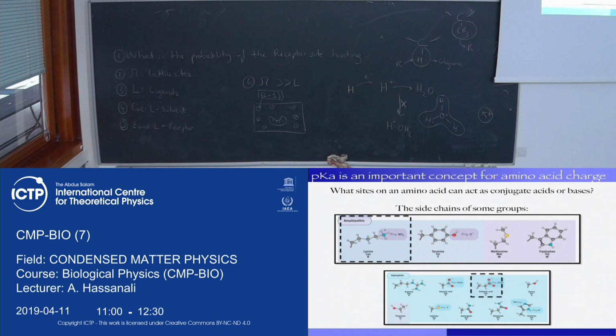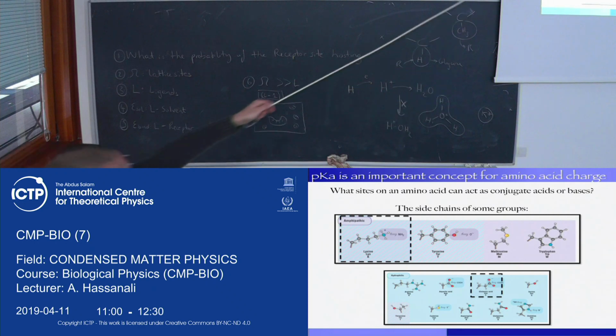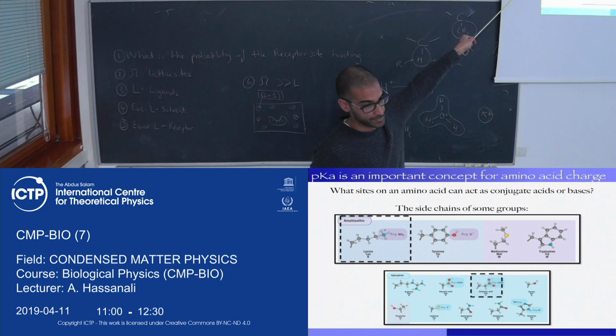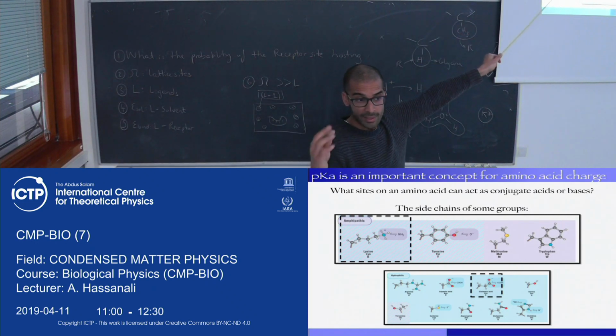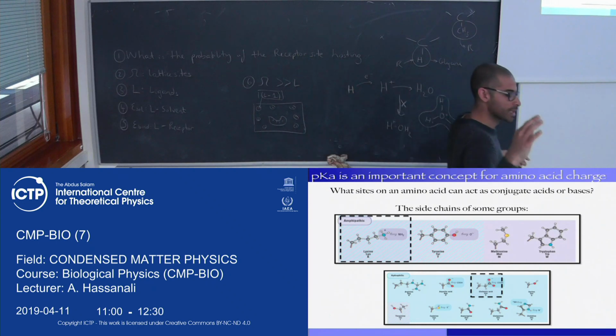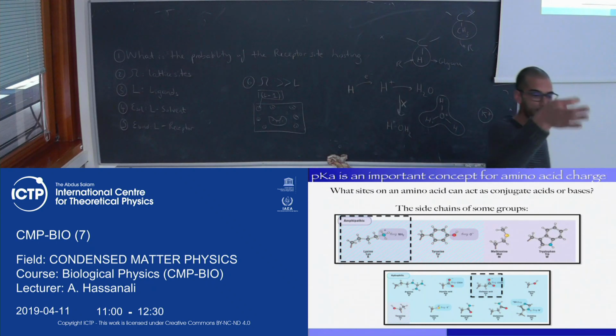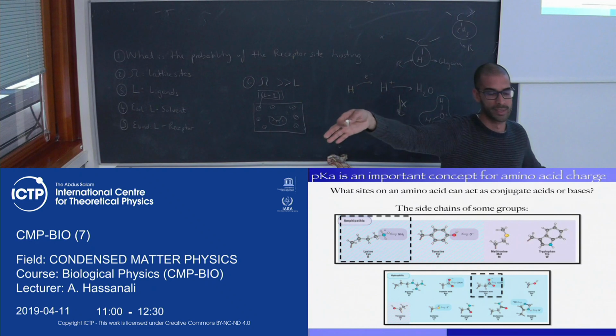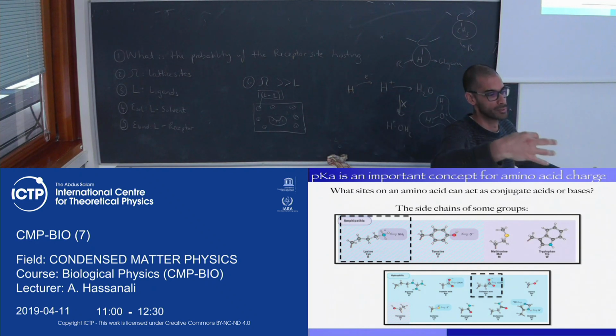And so we wanted to be able to know and to understand, if I give you an amino acid or a protein, and I say I'm working at pH 1, pH 7, or pH 14, what is the total charge of my protein or my amino acid?